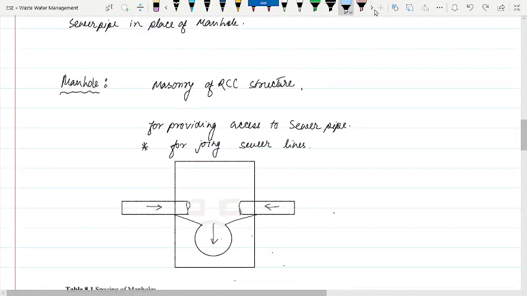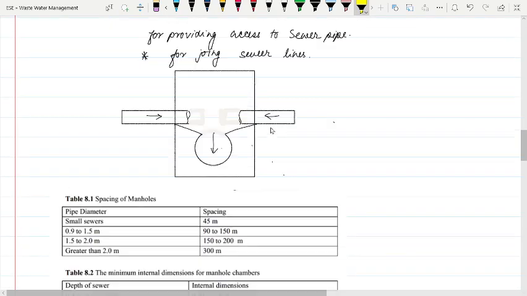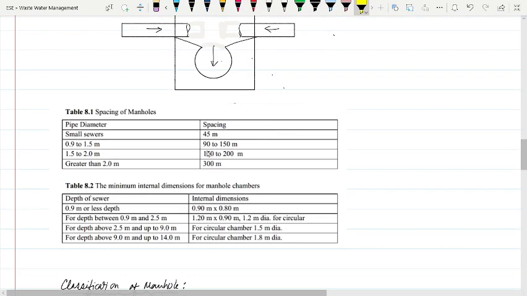Next comes the manhole. Manhole is an important part of the chapter. Manholes are generally masonry structures. They provide access to the sewer pipe so that we can inspect and maintain those sewer pipes. They are placed in straight sewer lines also, and whenever there is a connection of two or three pipes, a branch sewer connecting the main sewer, or two branch sewers connecting together, or any change in gradient or direction.